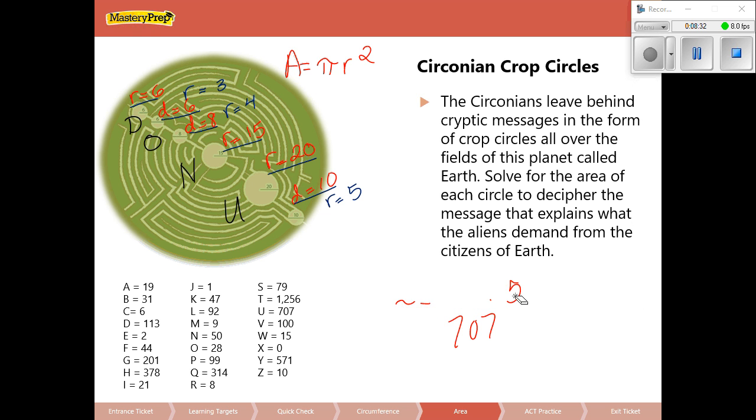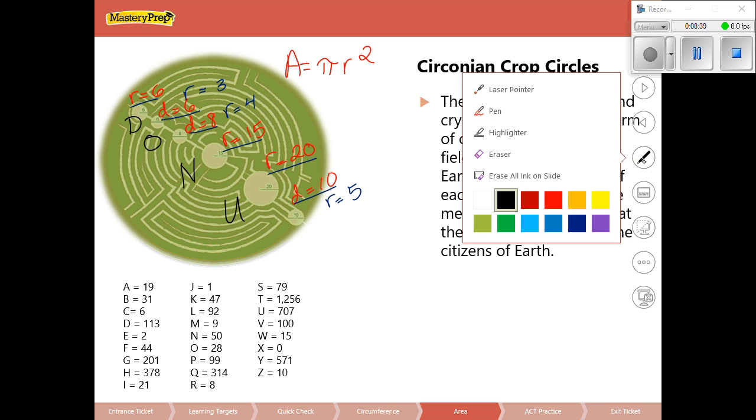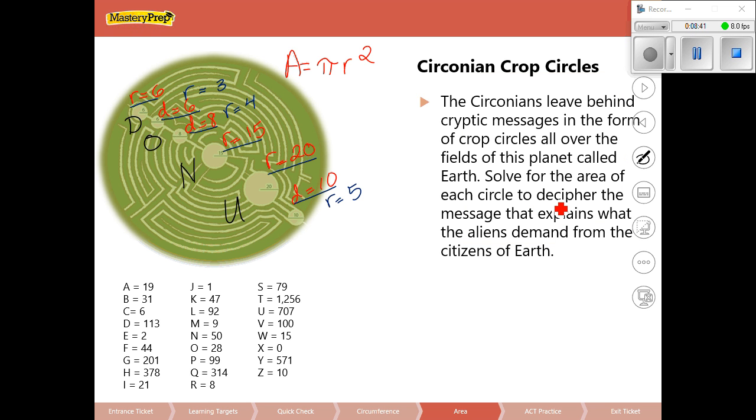Erase all this here. And lastly, we have a radius of 5. So we're going to say 5 squared times pi. Well, 5 squared is... I skipped one?